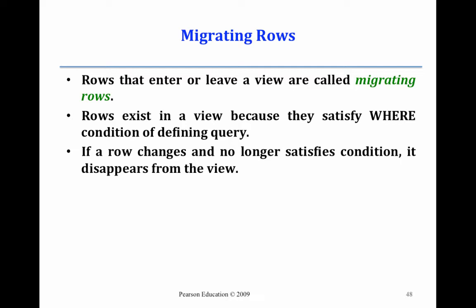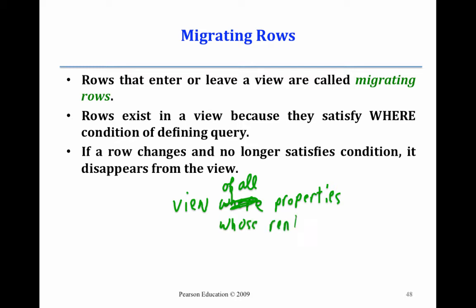So for example, I have a view that lists all properties that rent for more than $400. A view of all properties whose rent is greater than or equal to $400.